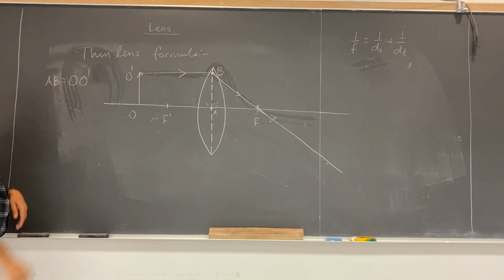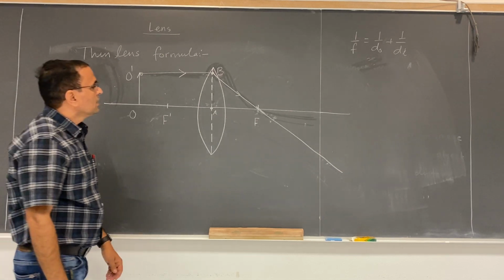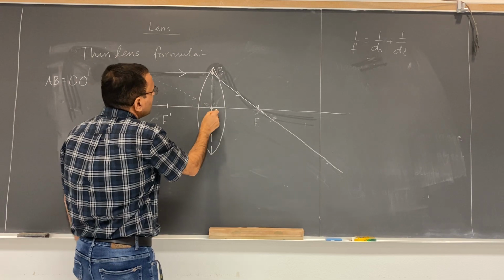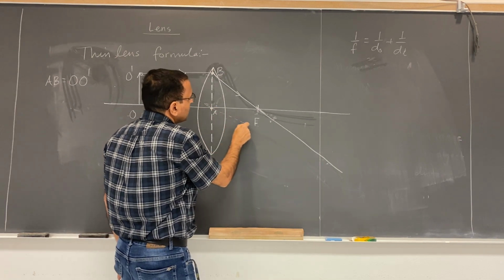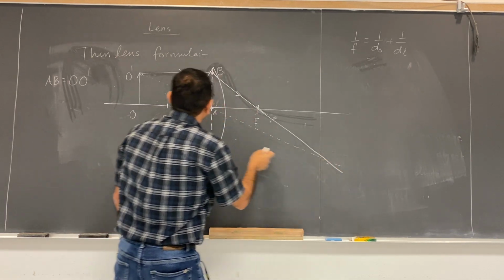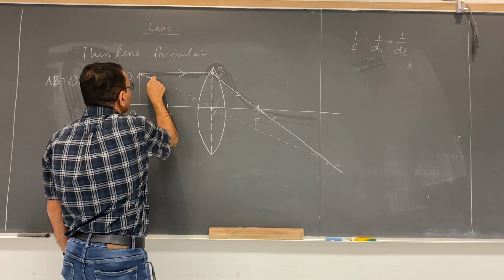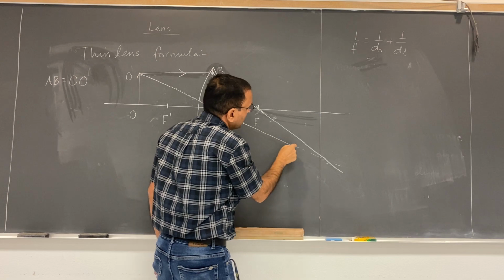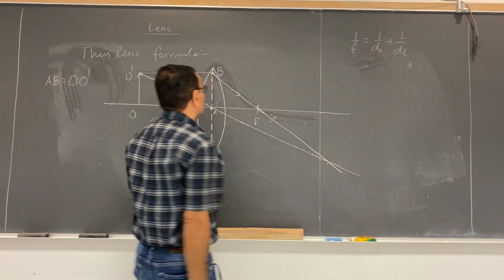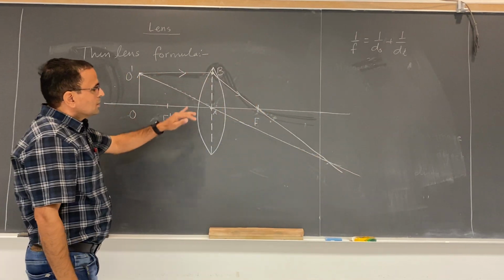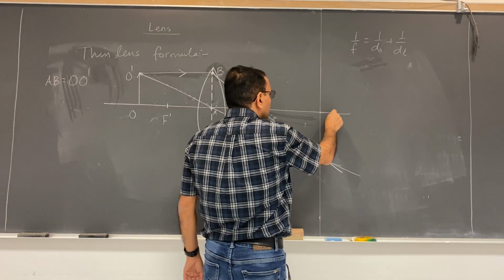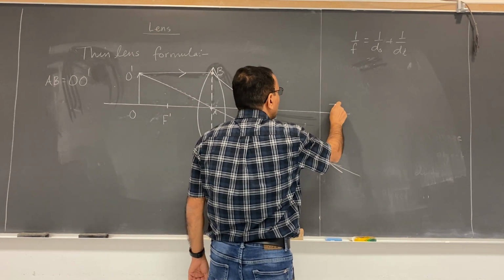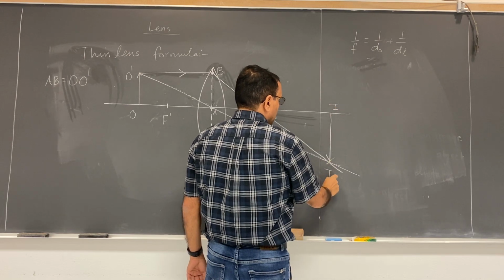Now another ray I can take from the center of the lens like this. Draw the solid line this way. So you have an image right there. This is the image, let me call it I prime.